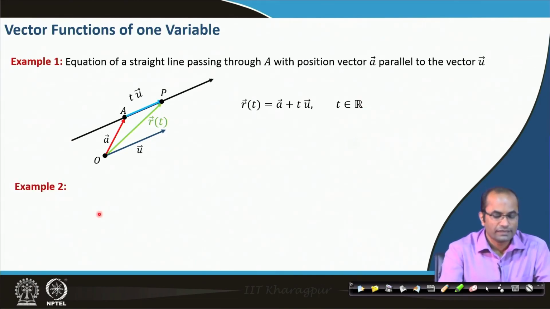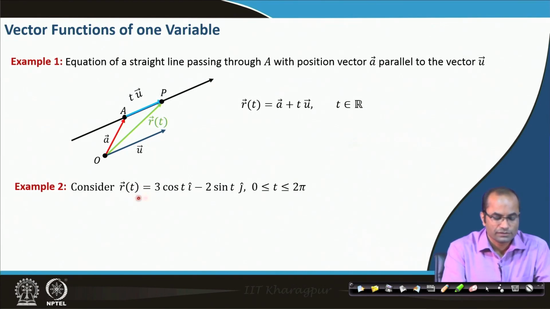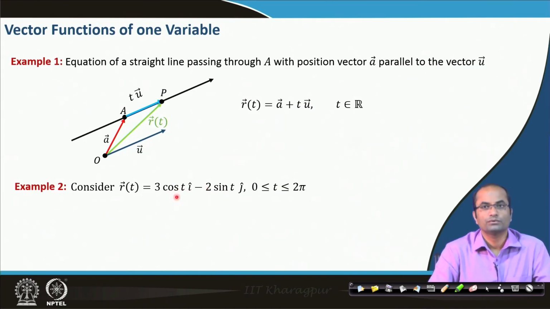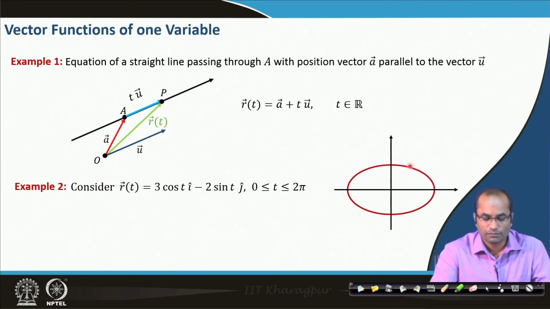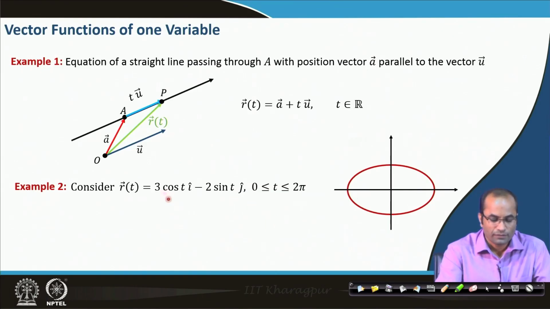Another example of a function of one variable: consider for instance 3 cos t i minus 2 sin t j, so the two components are 3 cos t and minus 2 sin t. If we draw this curve in the 2-dimensional plane, this is an ellipse.